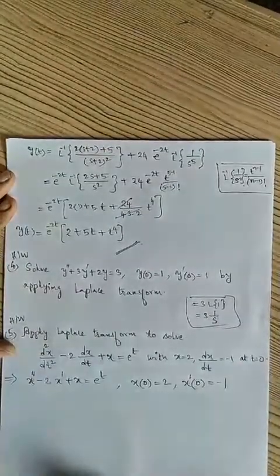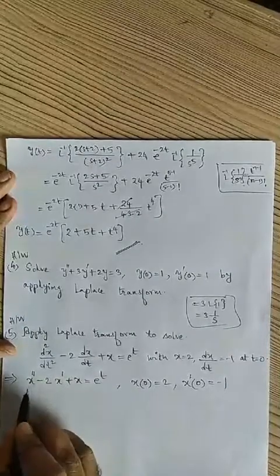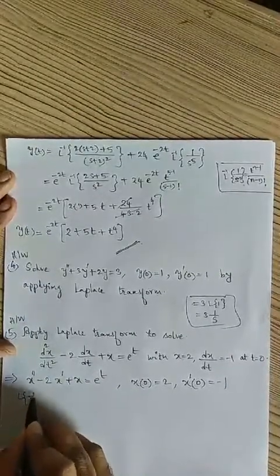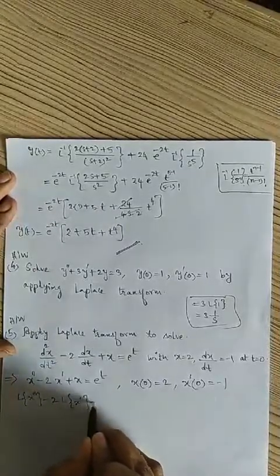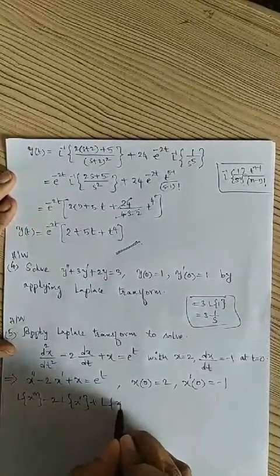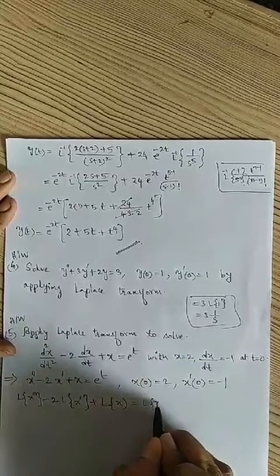Now you have to apply Laplace transform on x double dash minus 2 into Laplace transform of x dash plus Laplace transform of x equals Laplace transform of e power t.